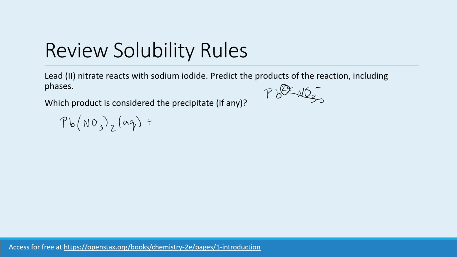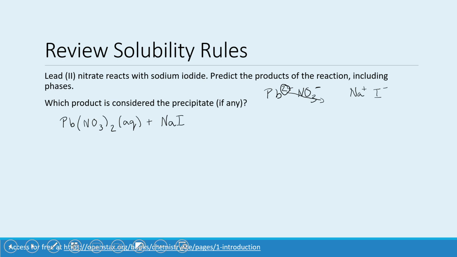Then we have sodium iodide. Sodium is Na+, because it's in the first column on the periodic table. Iodide is an I-. Again, it's a halogen, so those are going to contain a negative charge, and those are a 1-to-1 ratio, so no subscripts needed, and we get NaI as our second compound.